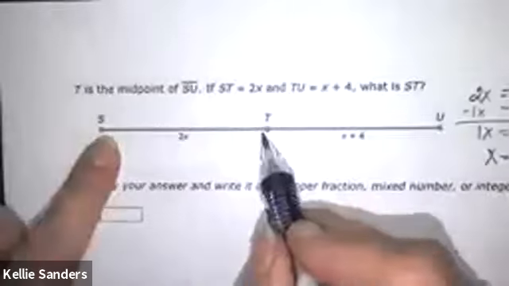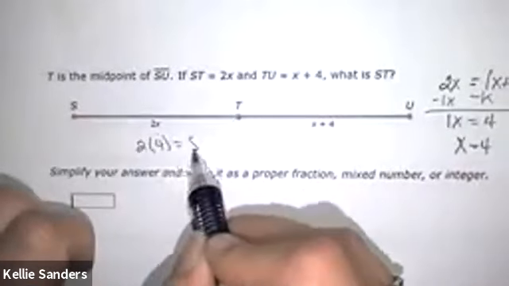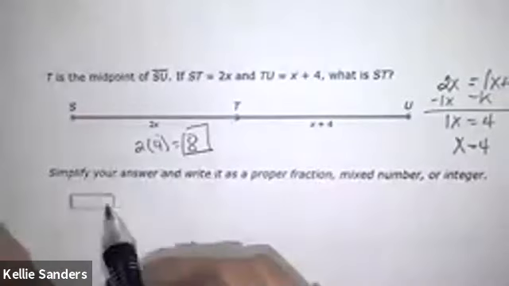Move the 1x. 2 minus 1 is 1. 1x is the same as x, so x equals 4. ST is ST. So 2 times x, which is 4, is 8.